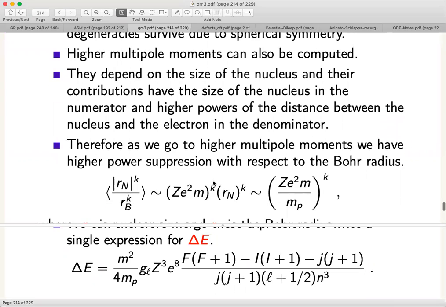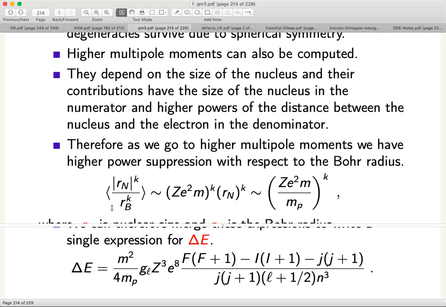In fact, the suppression factors are going to be something like this. These are suppression factors with respect to the non-trivial hyperfine contribution. There are additional Bohr radius powers sitting in the denominator, like 1 over r cubed, so I should have really written a_B to the k plus 3, but we are just doing a comparative study, so this suffices.